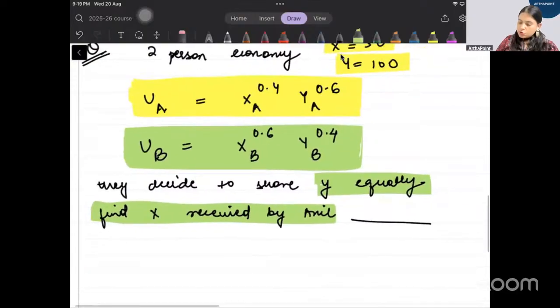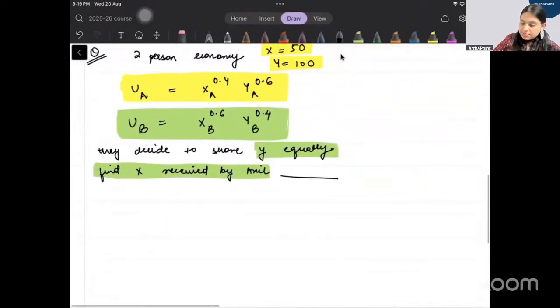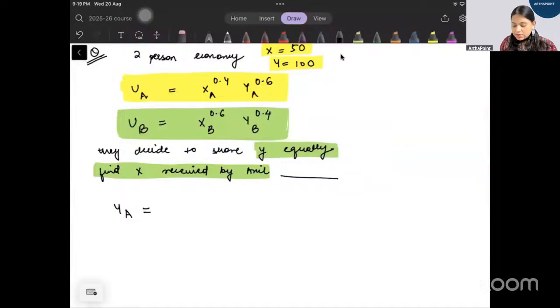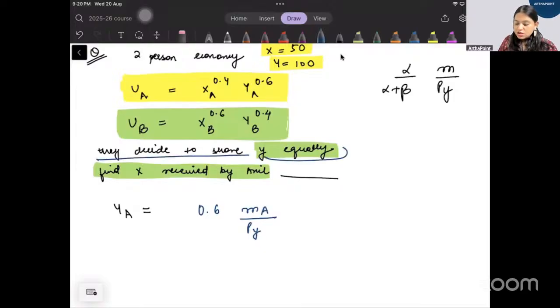Okay. So, what is the amount of Y demanded by Anil? We know the formula: it is alpha upon alpha plus beta, M by PY. So it is going to be 0.6 into income of Anil upon price of good Y. And it says they've decided to share Y equally.